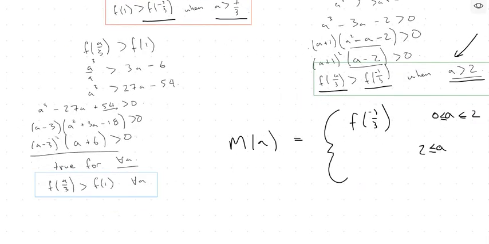And we also know that f of a over 3 is bigger than f of 1 for all a, so it should be f of a over 3, right? And that's it. I can't see any other condition.